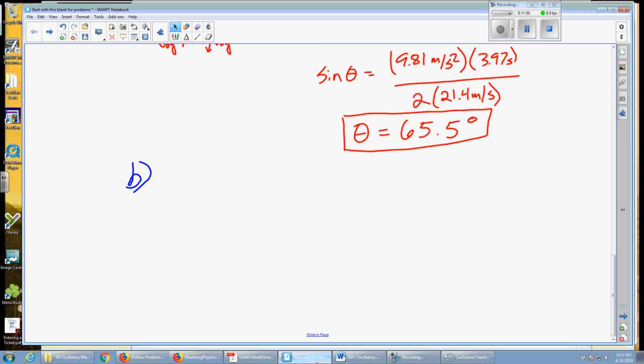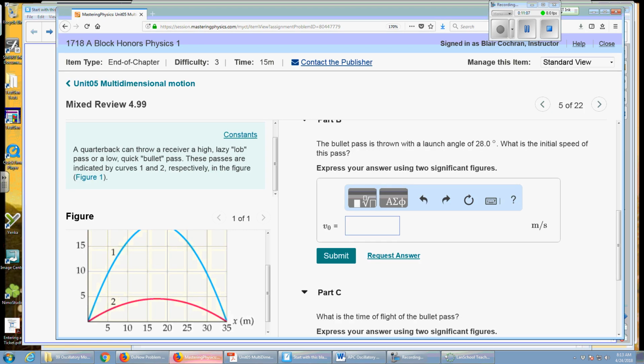Now we don't know the amount of time, right? We know the horizontal distance, which is called the range. We know the vertical motion, but we don't know the time. And we know what launch angle it's at. So this one's actually slightly trickier in that we need to use both horizontal and vertical together.